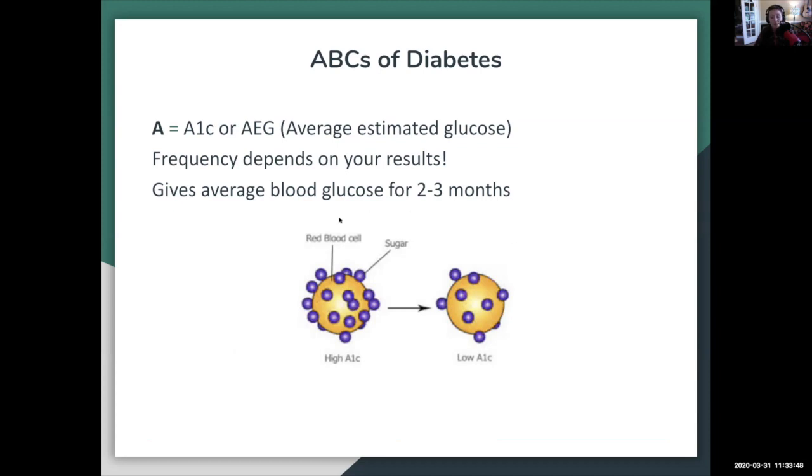And this is an example of what that looks like. Your blood sugar, your red blood cells attract these sugar molecules to them. And so red blood cells that are older have more sugar molecules that stick to them. Red blood cells that are newer have fewer sugar molecules that stick to them, okay? So that is the hemoglobin A1C.